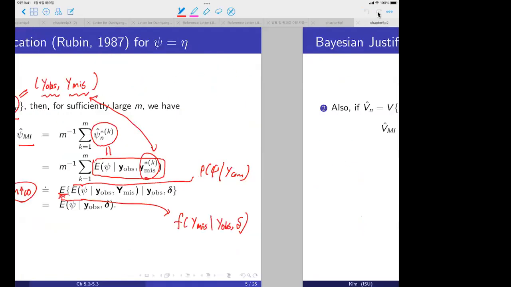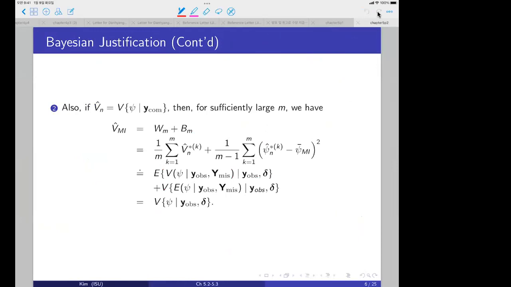That's why we just use W plus B, and this is just the definition: W_m is the sample mean of the variance estimators, and B_m is the sample variance of the point estimators.